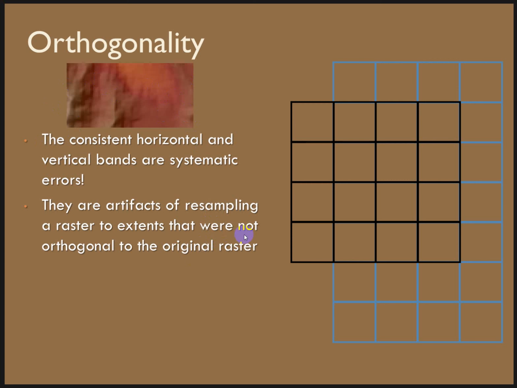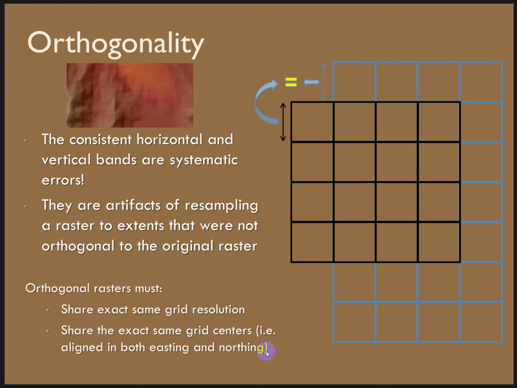The 10 meter data was resampled to an extent, and they weren't orthogonal with the original raster. And what I'm talking about, orthogonal rasters have to have the exact same grid resolution, so our cell sizes need to be the same, and they have to share the same grid centers, meaning they need to be aligned in the easting and northing directions.